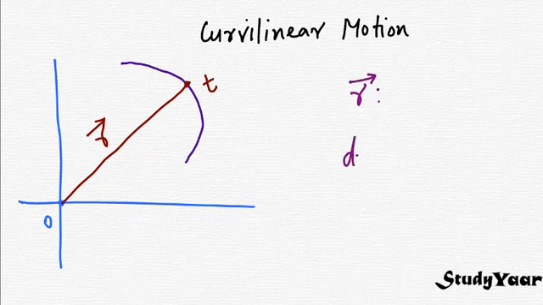We know displacement, velocity and acceleration are all vectors, just like our force. So your r, which is displacement, is also known as the position vector because it defines the position of your particle.